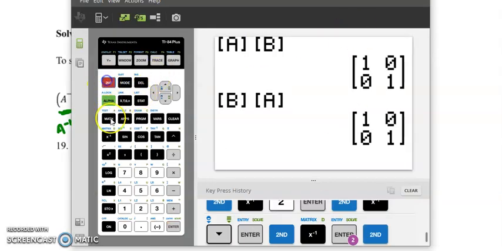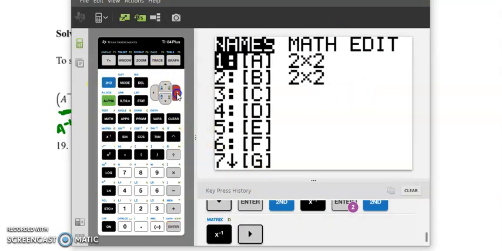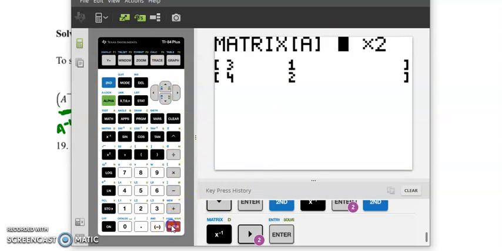So we come over to the matrices in our calculator. Let's go to edit the first one, and we're going to plug in matrix A that they gave us, which is a 2 by 2.